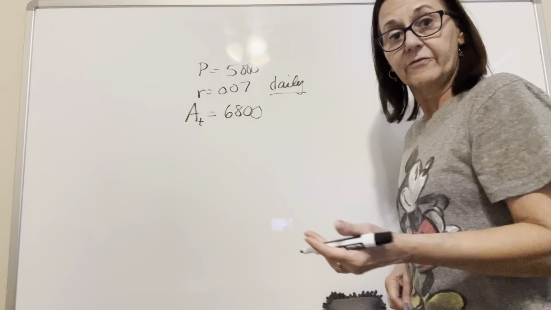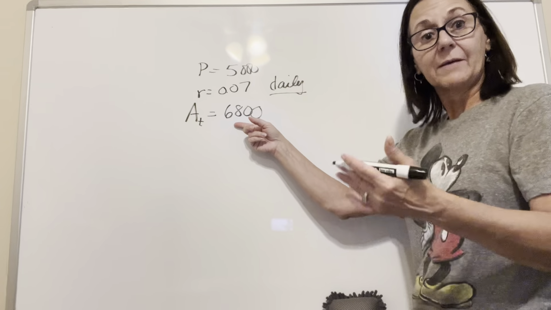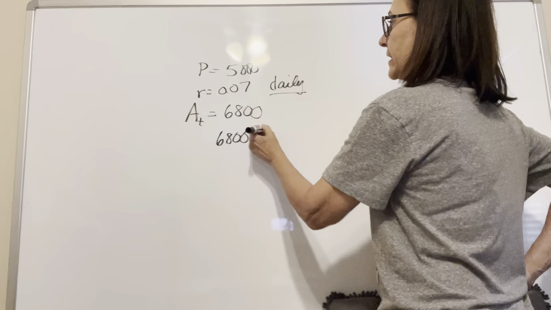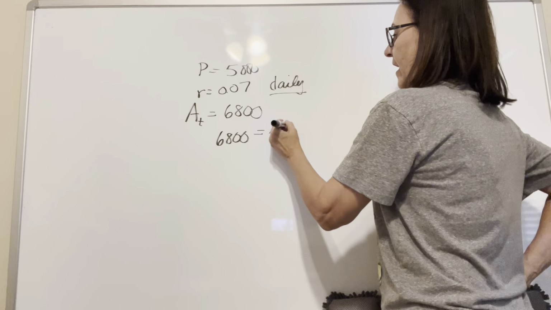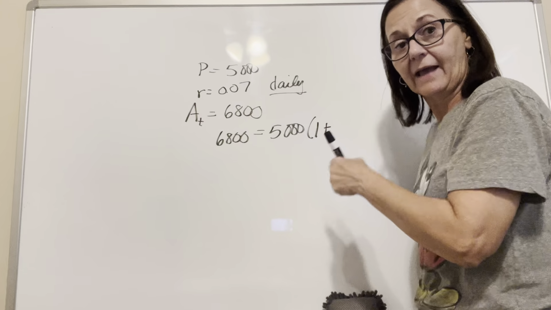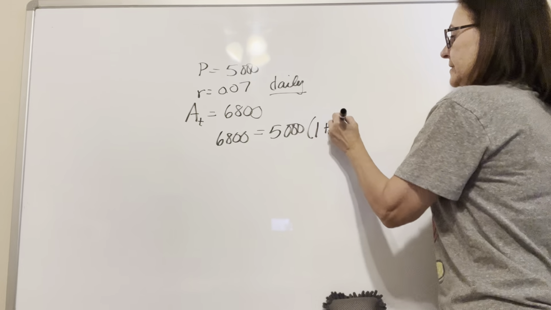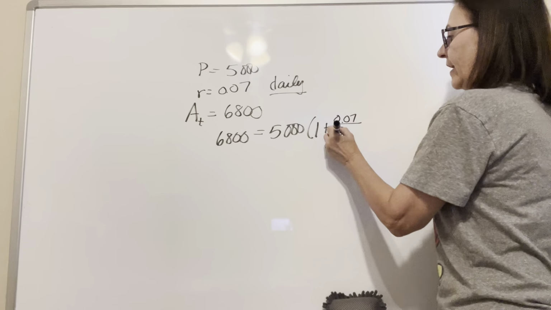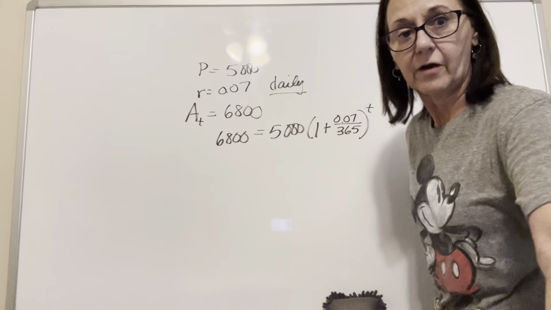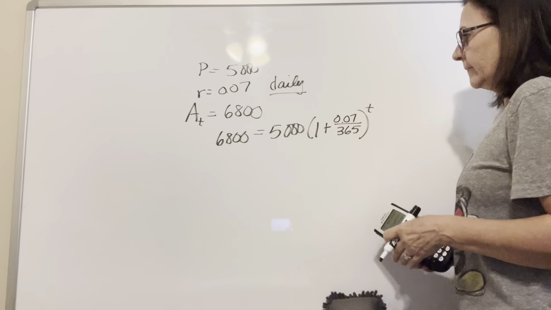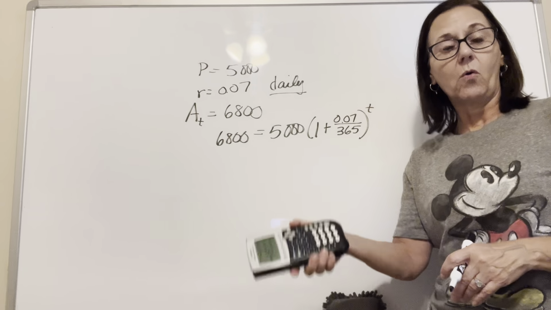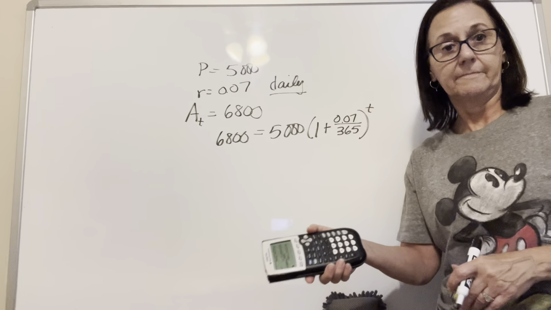All right, so I'm going to write the formula. This is like my Y value. All right, so it's $6,800 equals $5,000 times 1 plus the rate, but I have to make it a daily rate, 0.07 divided by 365, and I don't know the time. That's what I'm solving for. All right, always when I'm solving for an exponent, I'm going to logarithms.